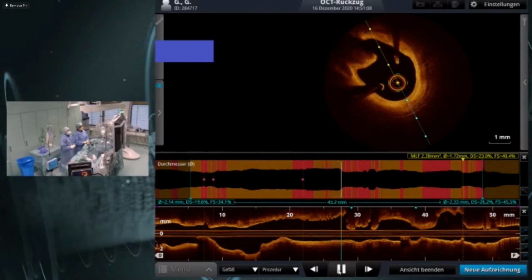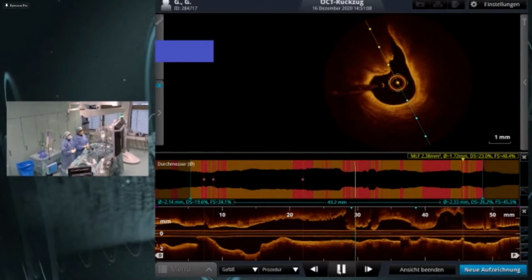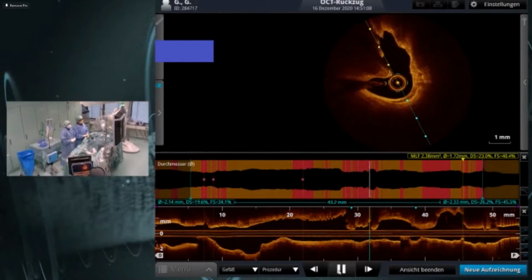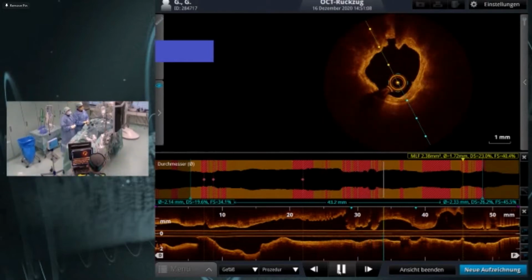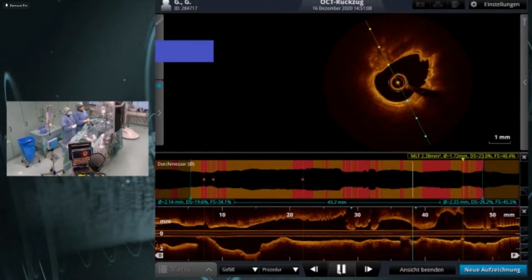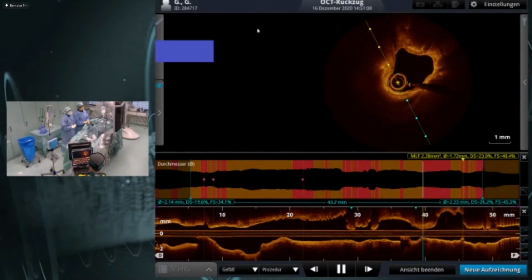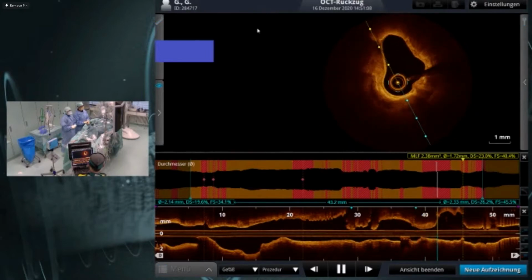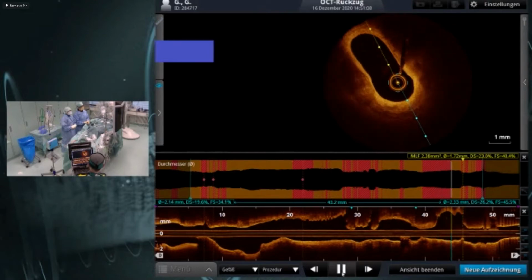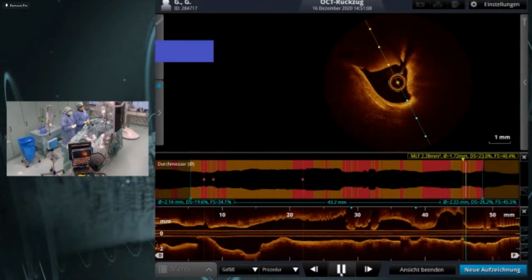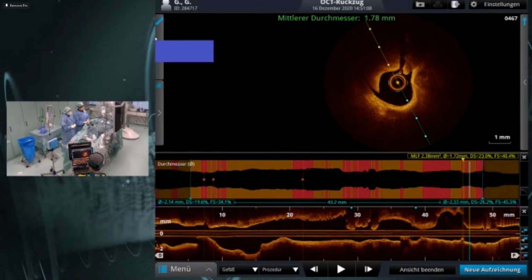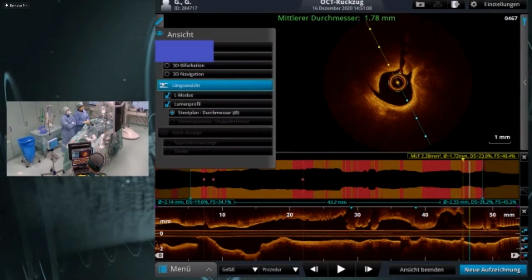We have here, as you can see, some narrowing and eccentric ulcerated plaque. And here we see an area where we have also a huge plaque burden, calcified plaque. And this is very eccentric here. So we measured already the MSA, and what we found was 2.5.